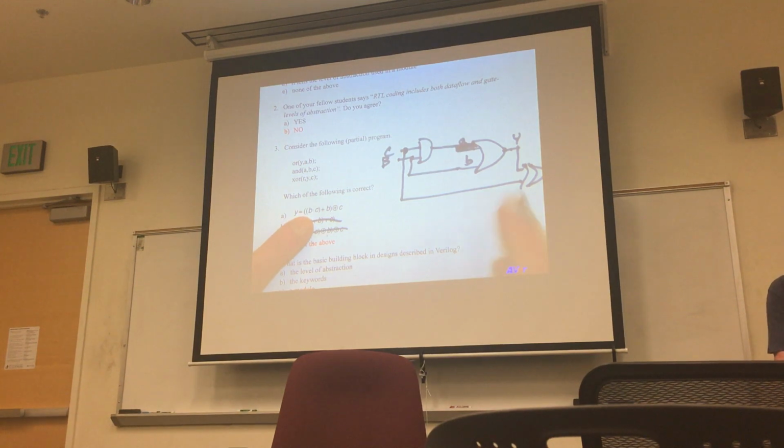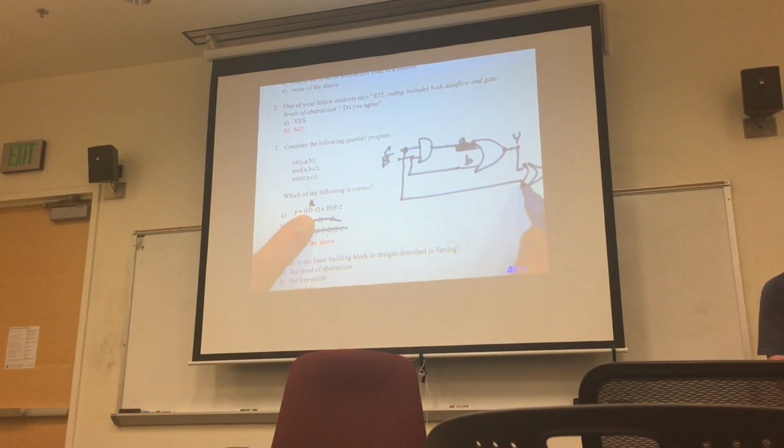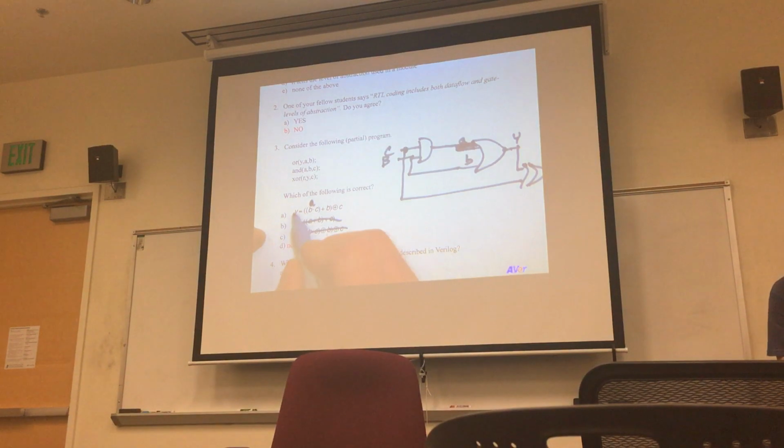And then finally you have B and C, so this is A or B exclusive ORed with C. That's not equal to Y, because Y is A or B. So that one is. So it's none of the above.